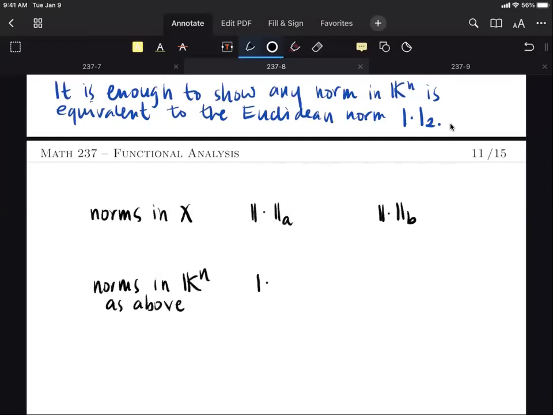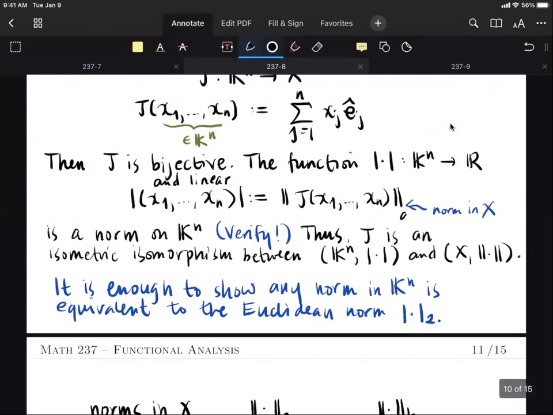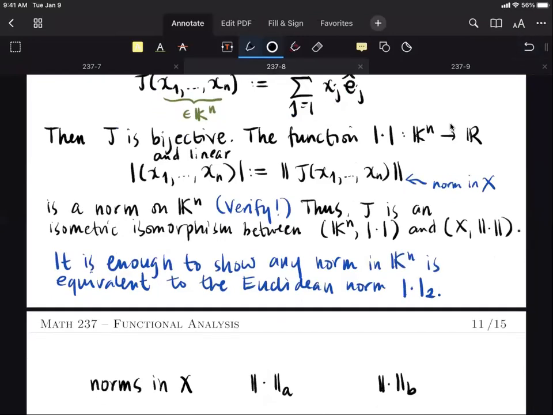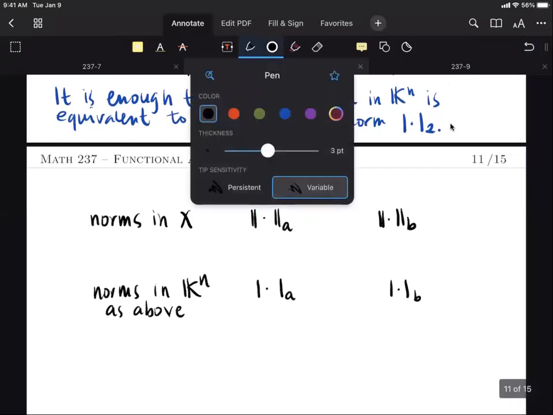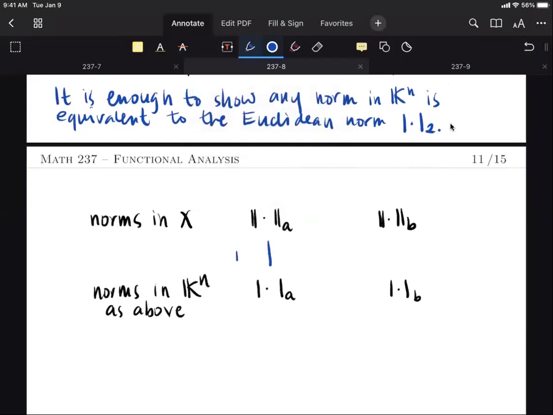To distinguish the norms, let us also denote them by a subscript. In other words, if this is A, then this is also A. If this is B, then this is also B. So these two are isometric, in other words, distance preserving. So the norms are equal with respect to the map J.